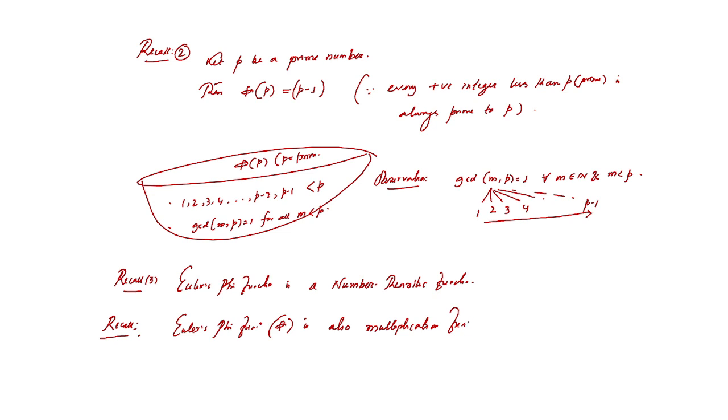You can prove it. Why is it multiplicative? Since phi of mn equals phi of m into phi of n, if GCD of m and n equals 1.